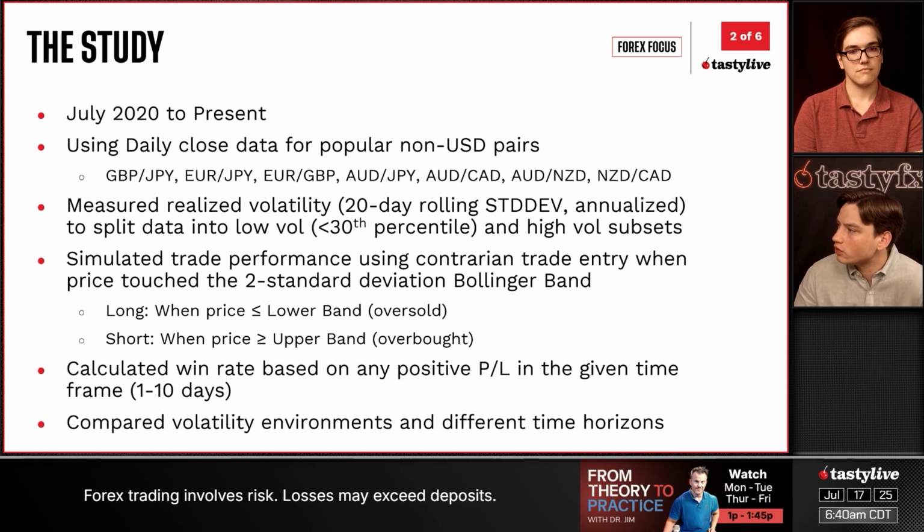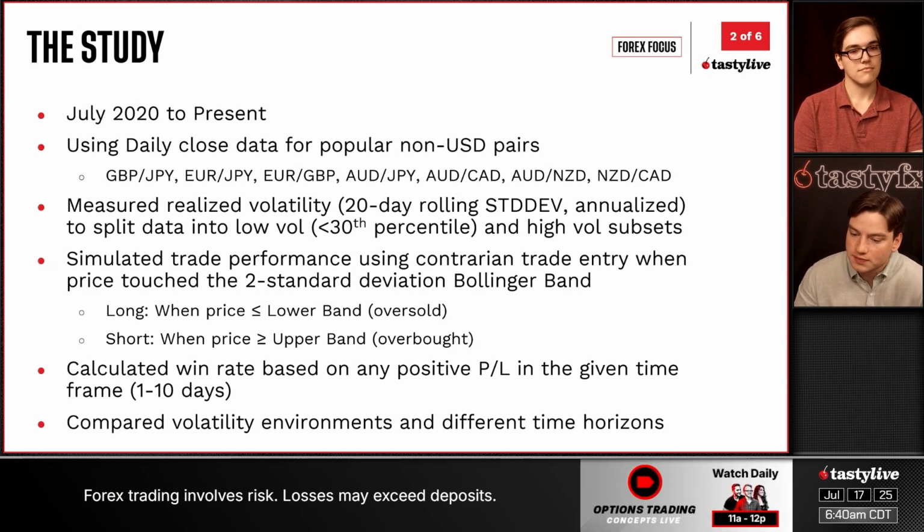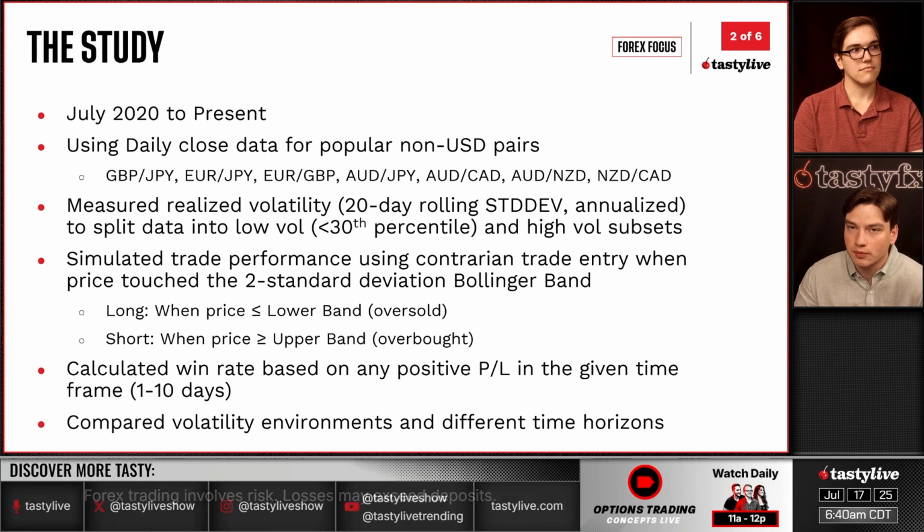The reason we use Bollinger Bands is because that is actually a pretty straightforward calculation using the moving average as well as the same standard deviation on a rolling basis. So it reacts to volatility environments.